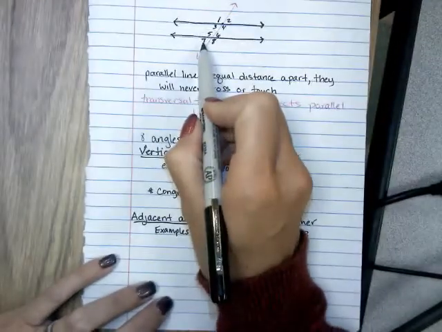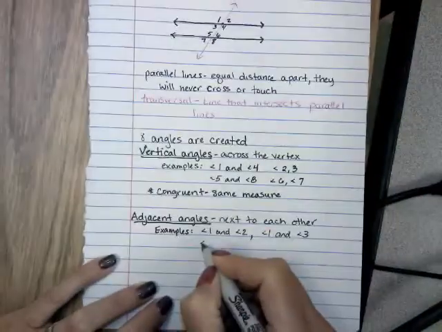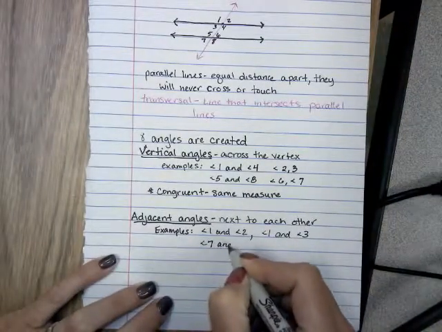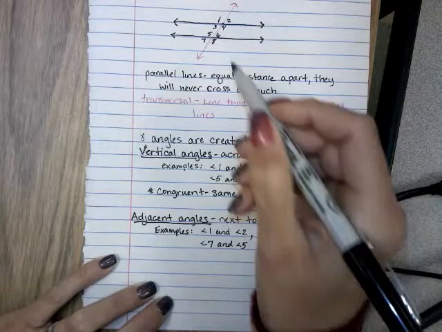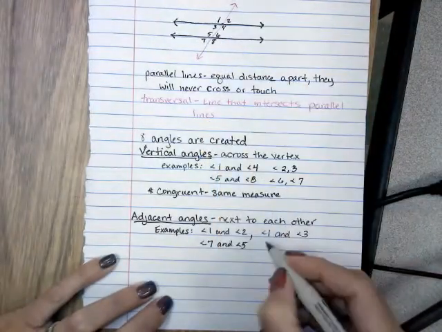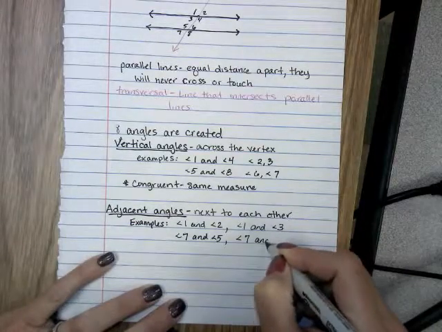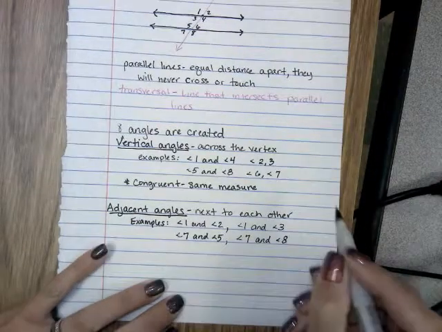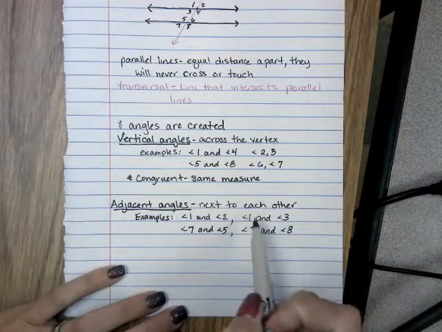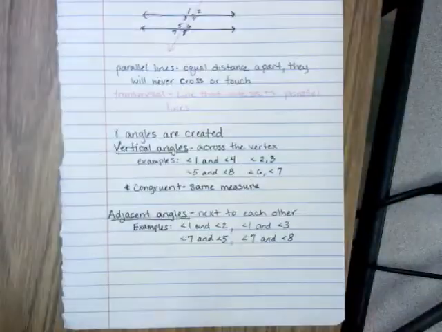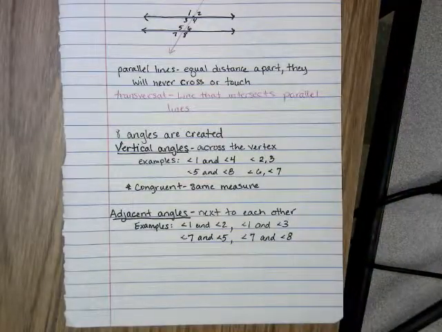Angle 7 is adjacent to 5. And angle 7 is also adjacent to angle 8. Now, obviously, these are not all of the adjacent angles. I just wanted to give you a few examples. Side by side, they are adjacent.